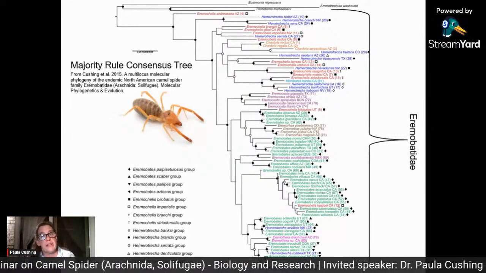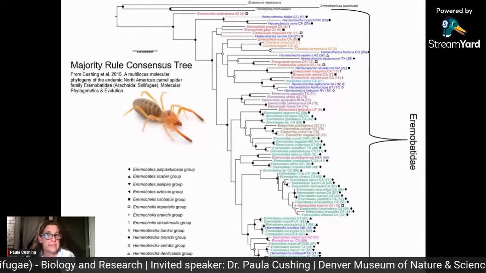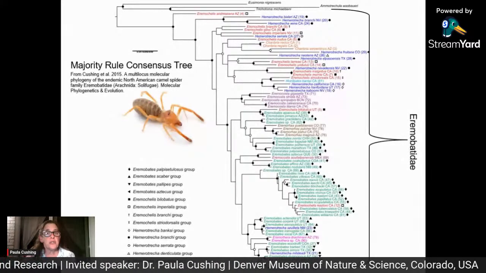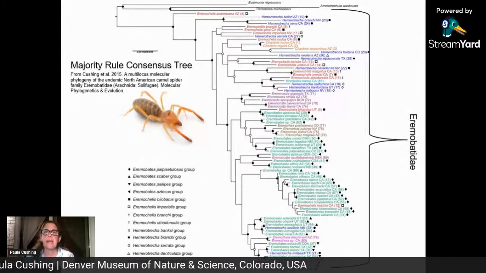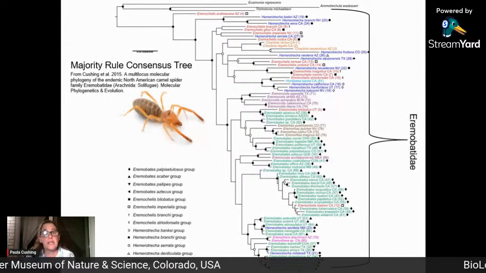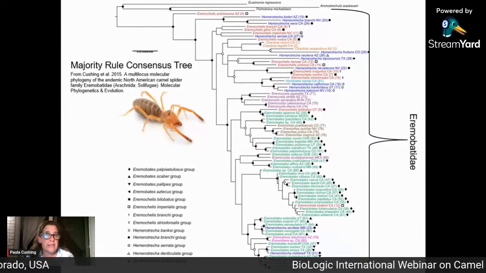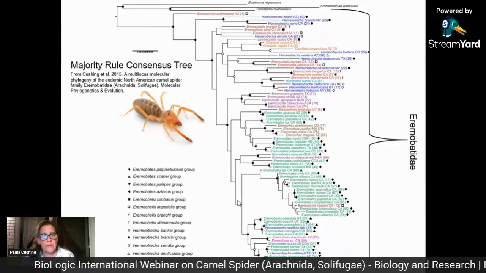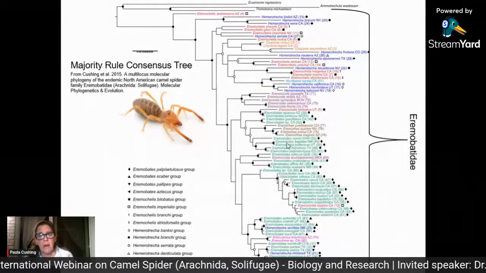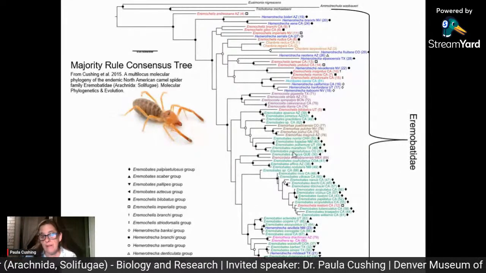And one of the things my students are doing right now is they are using next generation sequencing techniques, which I won't go into, but it allows us to increase the number of species that we can use for this kind of DNA analysis. And they are using this to try to unravel some of these taxonomic problems with these genera that are not monophyletic groups.